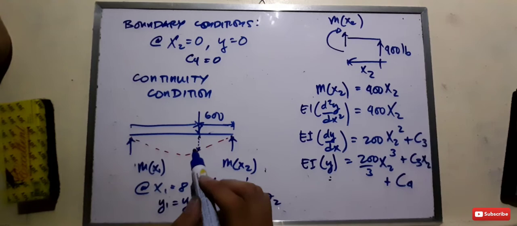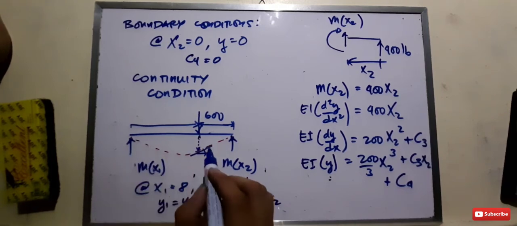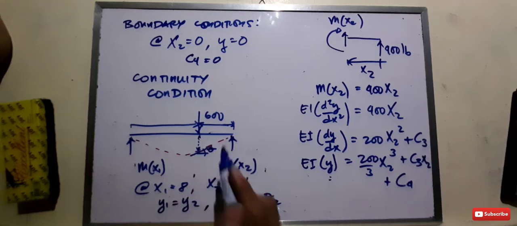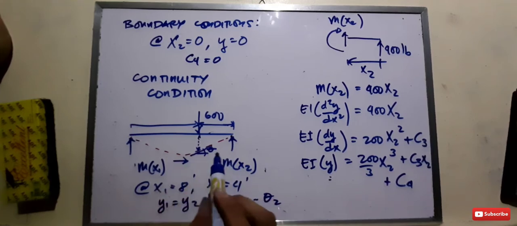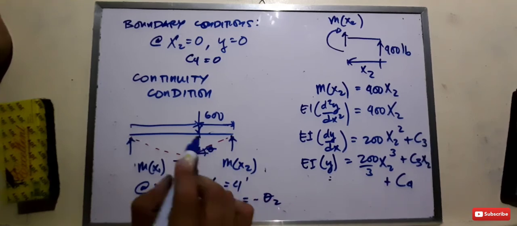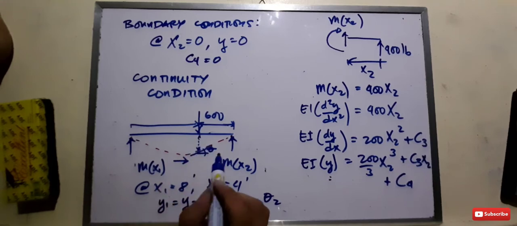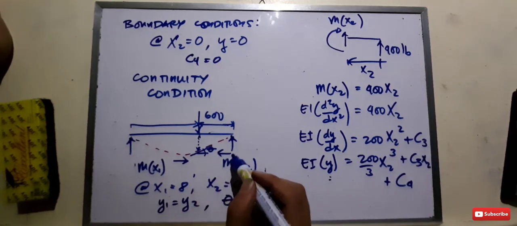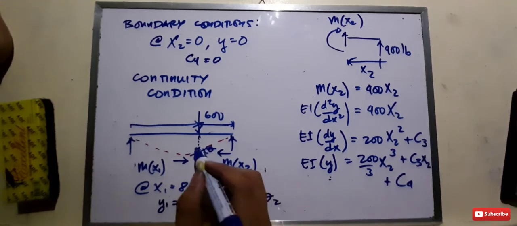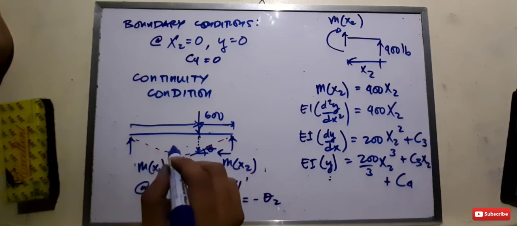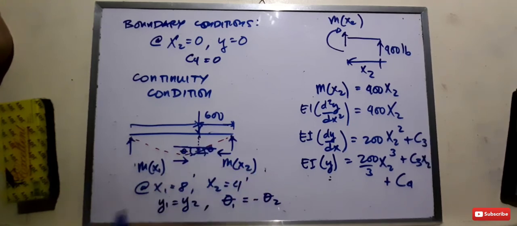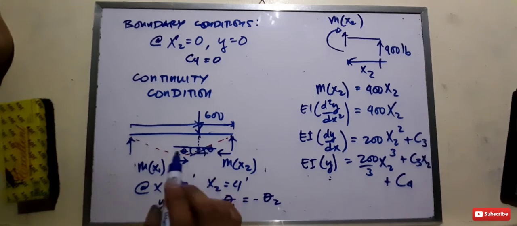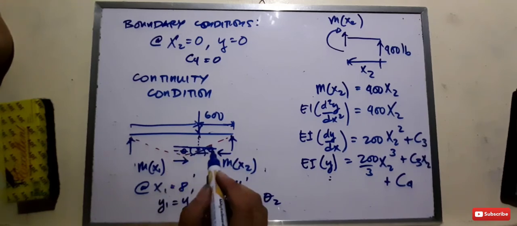Kasi pag titingnan natin dito, pag galing ka sa direction na to, itong slope na to ay positive kasi directed counterclockwise from the horizontal axis. Pag galing ka naman dito, sa x2 na part, ang angle mo ay measured from dito. Pero equivalent lang na angle yan, pero magkaibang direction. So, negative siya dito, dito naman ay positive.